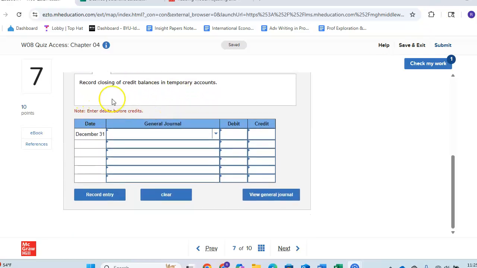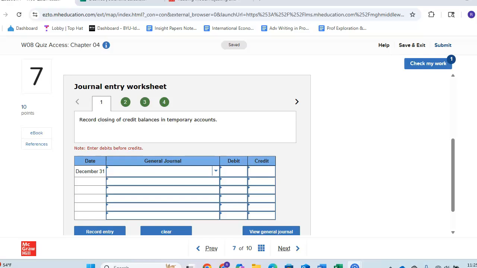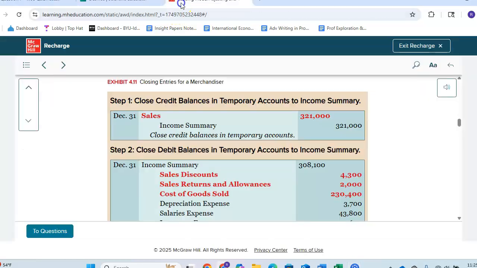And you get the first part of the journal entry, which is to record closing of credit balances in temporary accounts. So we learn about what merchandisers do to close temporary accounts in the reading, where to close credit balances we close sales with the income summary.